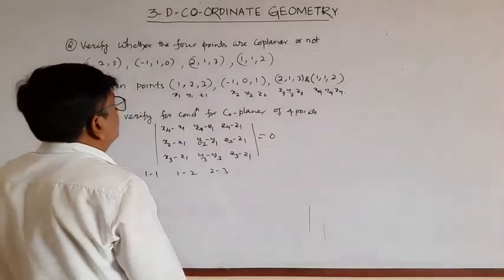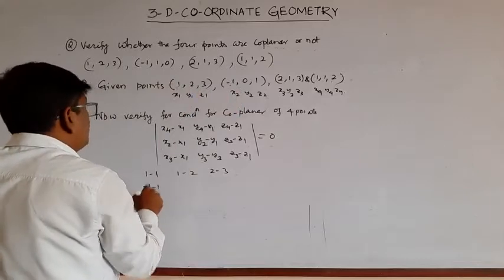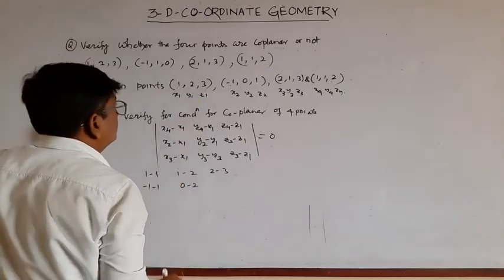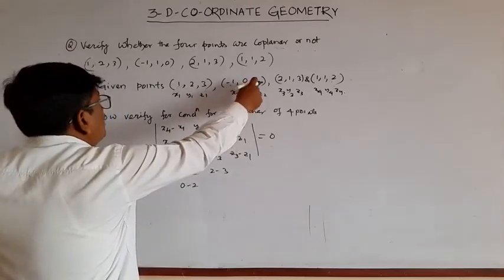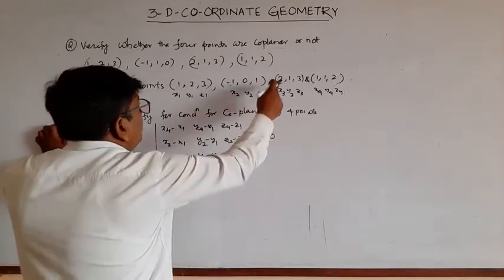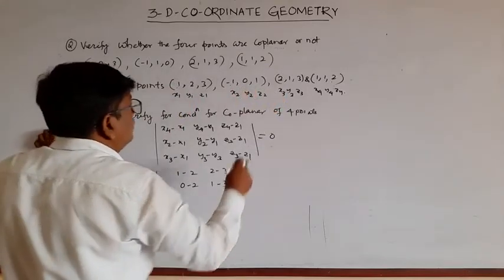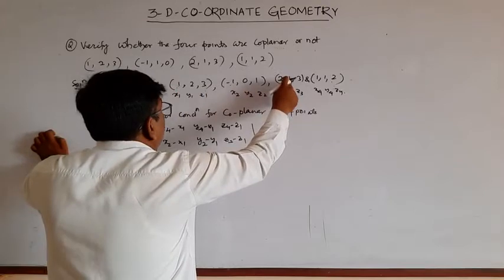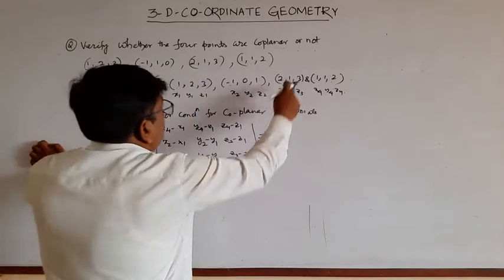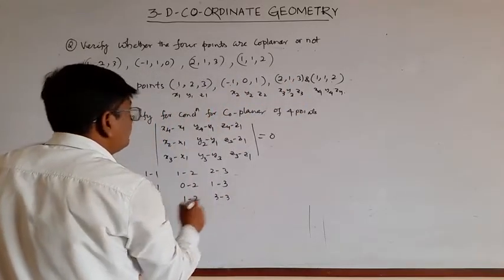Then x2 minus x1, minus 1 minus 1, y2 minus y1, 0 minus 2, z2 minus z1, 1 minus 3, then x3 minus x1, 2 minus 1, y3 minus y1, 1 minus 2, z3 minus z1, 3 minus 3.